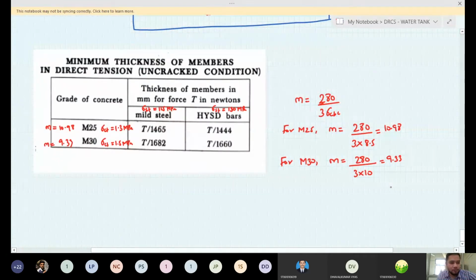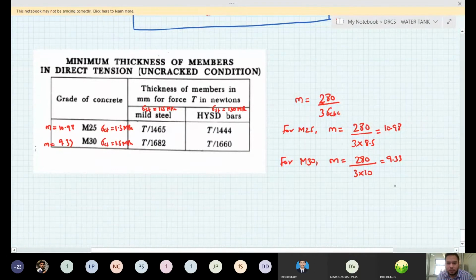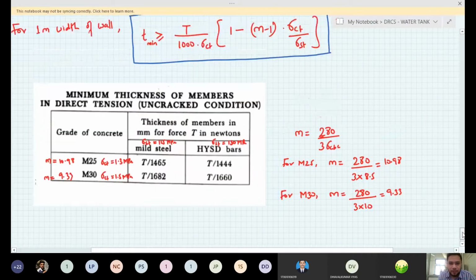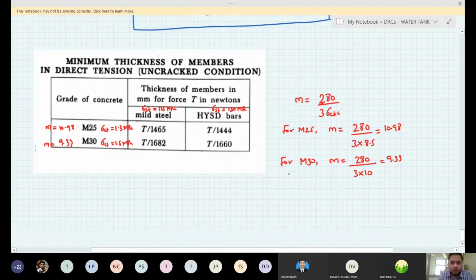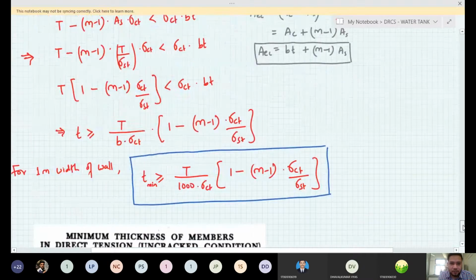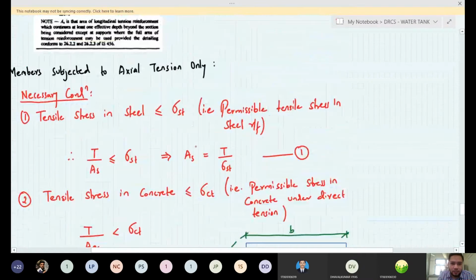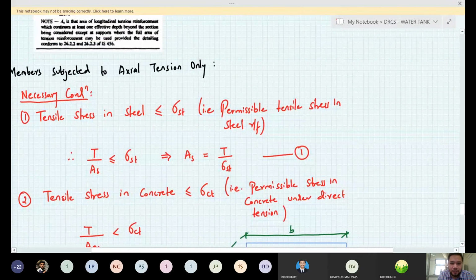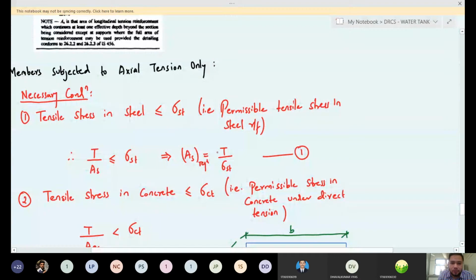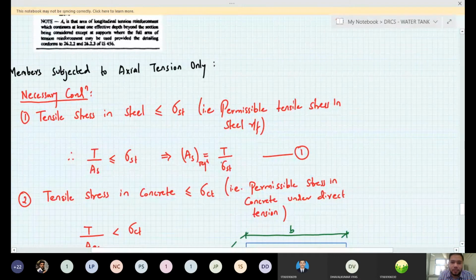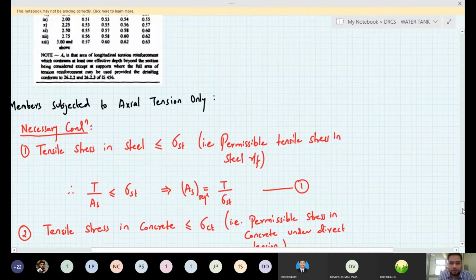Now let us take an example, or before that let us go through the minimum steel requirement. We have seen that the steel required here due to the tensile force is T by sigma St. This is the As actually required to resist this force, but the code also says that some minimum steel has to be provided to resist the temperature stresses.